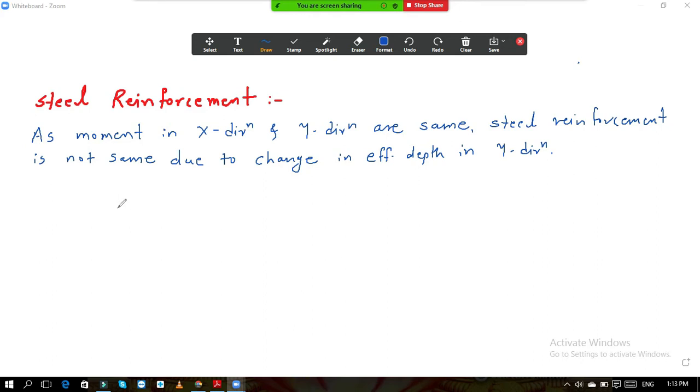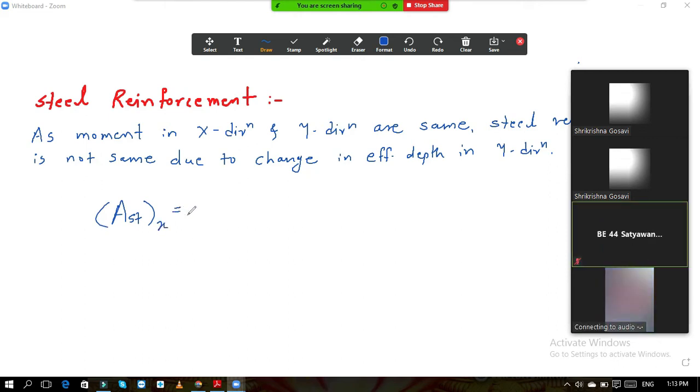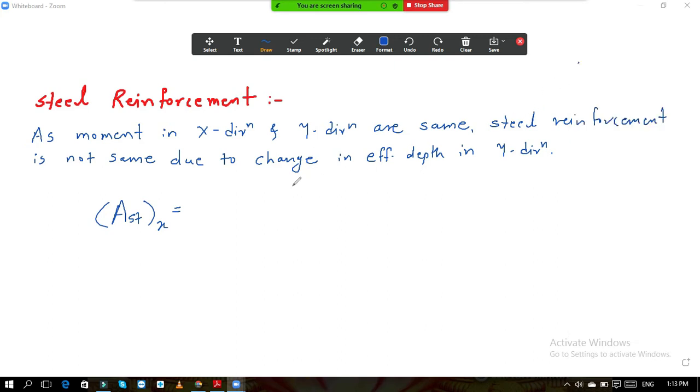So what is the steel in x direction? We call it ASTX, steel in x direction. What is the formula?